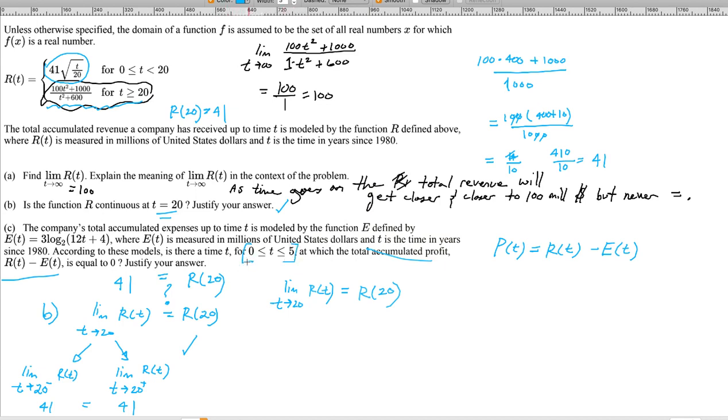And what you need to do here is you need to use the intermediate value theorem. I'm going to draw a picture of what this looks like so you guys can see, but let's just go through the hypotheses, or what conditions you need to have in order to use the intermediate value theorem. Basically, p needs to be a continuous function from 0 to 5. R of t is a continuous function.